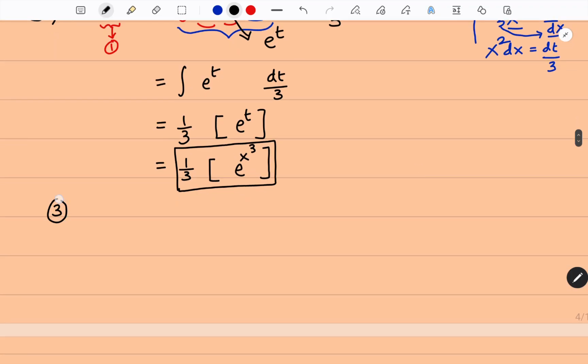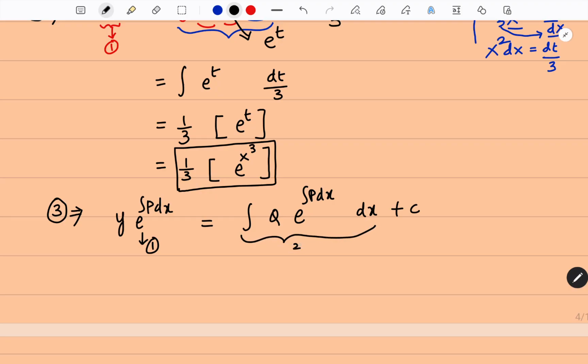Let's go to step number 3. What is your step number 3? I told you the whole solution will be your step number 3. So y e to the power of integral p dx is equal to integral q e to the power of integral p dx into dx plus c. I said this is step number 1, including integration step number 2.